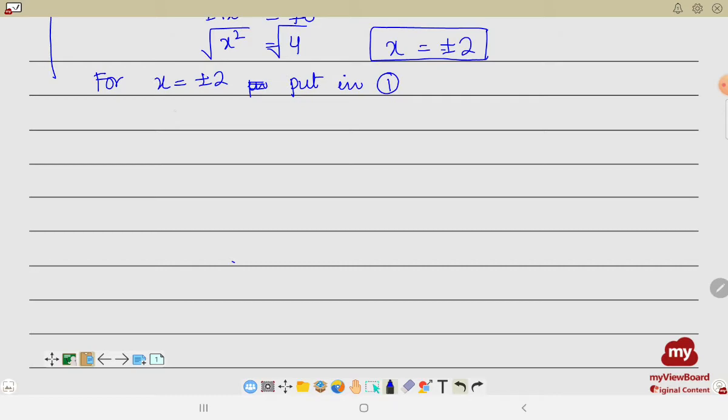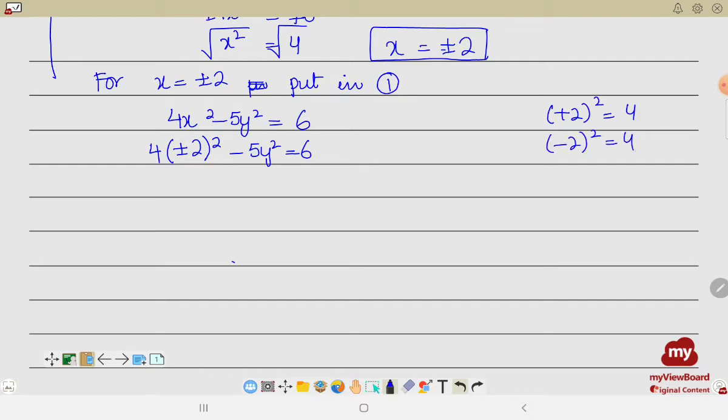Let me write it for you. It was 4x square minus 5y square is equal to 6. So since we are having a square on x, we'll insert the two values together also, right? Because if you take the square of plus 2, it is again 4. If you take the square of minus 2, it is again 4. So we can even collectively write it, right?